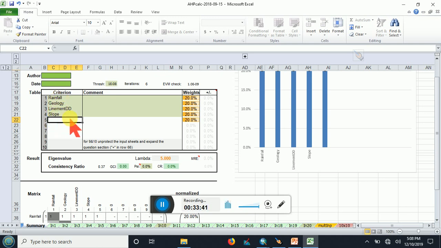Rainfall, geology, alignment density, slope. What is the other factor? Land use, land cover change. Those are the thematic layers or the factors that we are going to consider in this example.